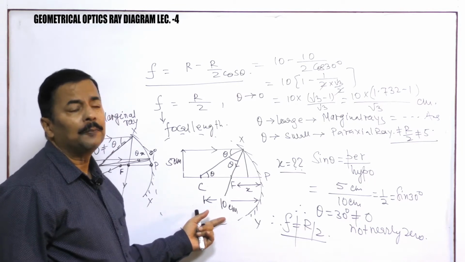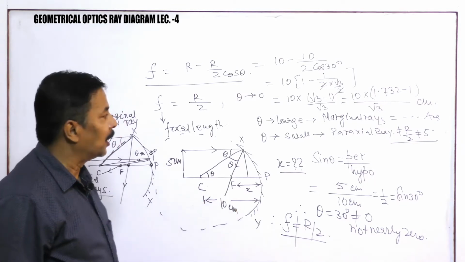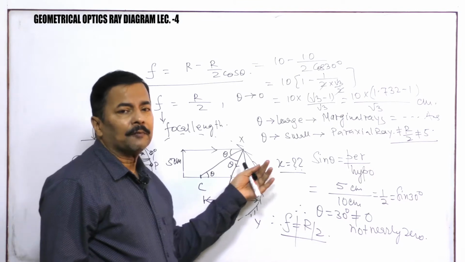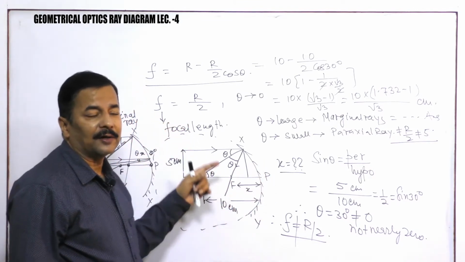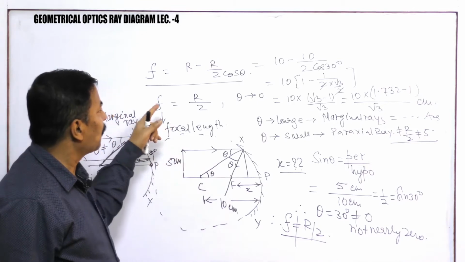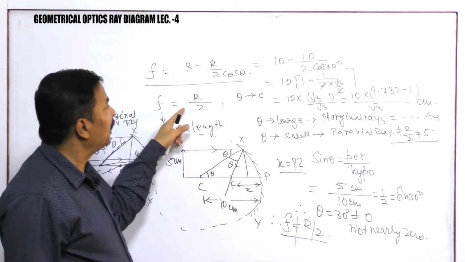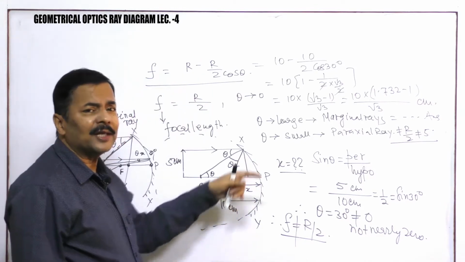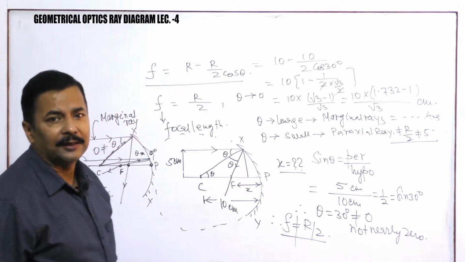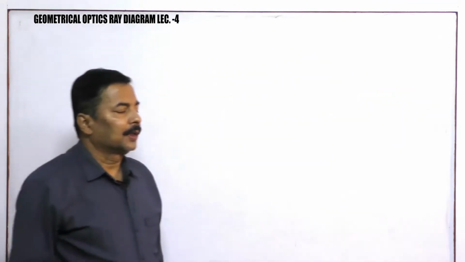So this example will help you get the concept of what is paraxial ray, what is marginal ray, how for paraxial ray this formula is valid and how for marginal ray it is not, and this example will be helpful in clarifying the concept.